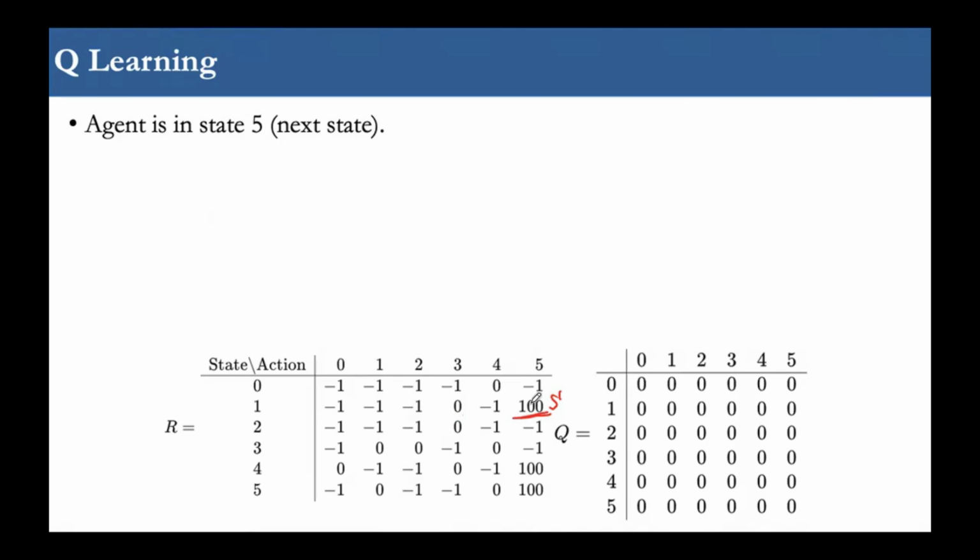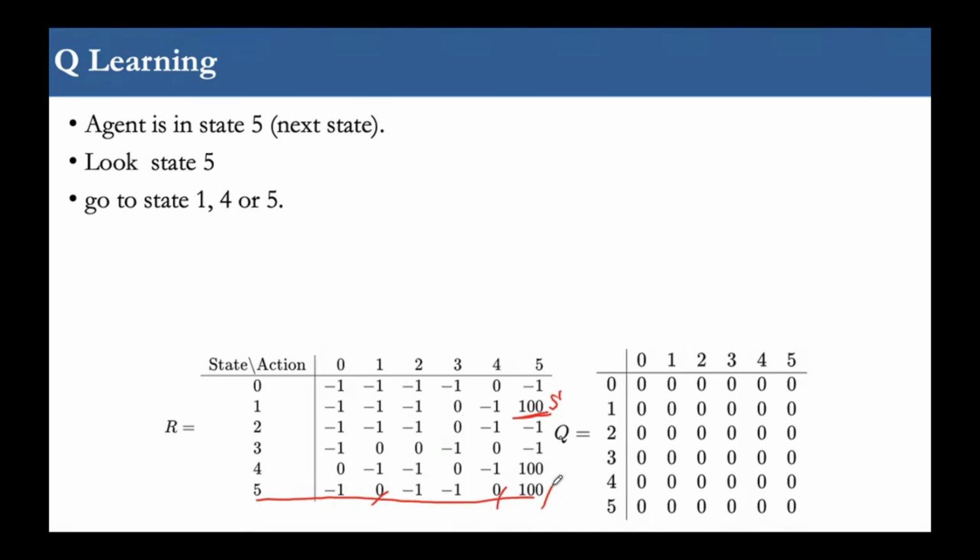Now we need to move to state 5. When we move to state 5, we will be looking into this entry. When we look at this entry, from 5 we can move to state 1, we can move to state 4, as well as we can move to state 5.